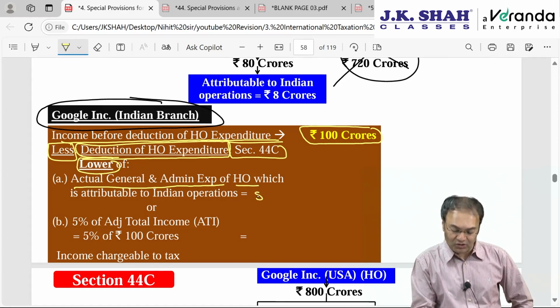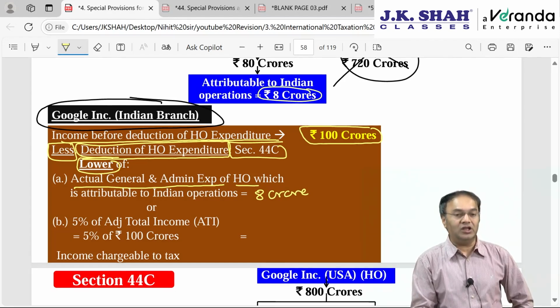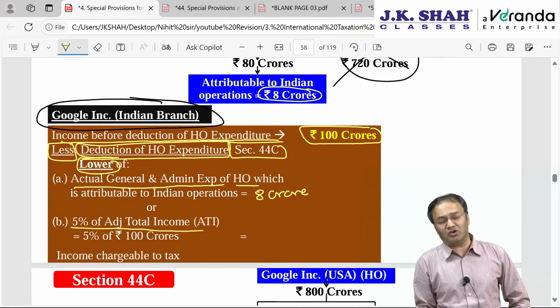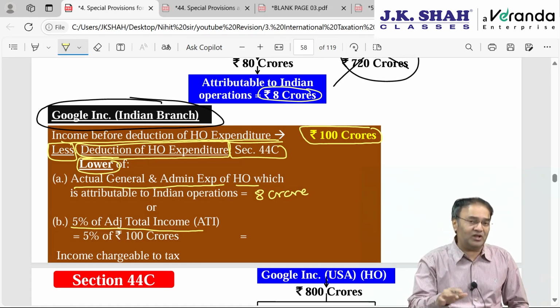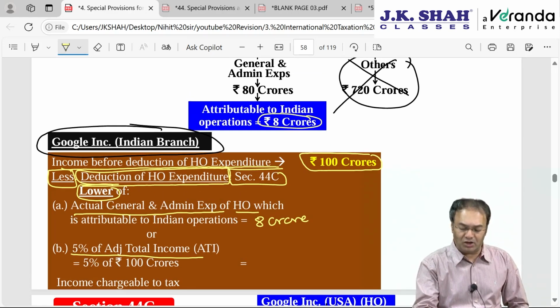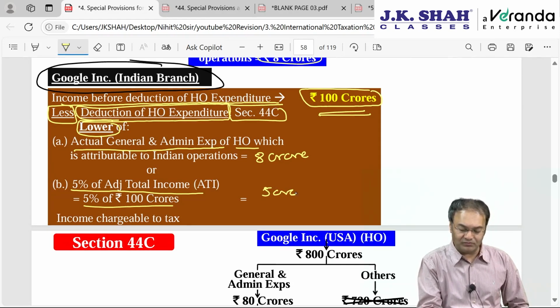How much is the actual? Actual is 8 crore rupees, friends, we just discussed here, 8 crore rupees. Either 8 crore or 5% of adjusted total income. And adjusted gross total income or adjusted total income is not given specifically here, so we assume that 100 crore only is the adjusted gross total income. The 100 crore into 5% will be 5 crore, whichever is lower.